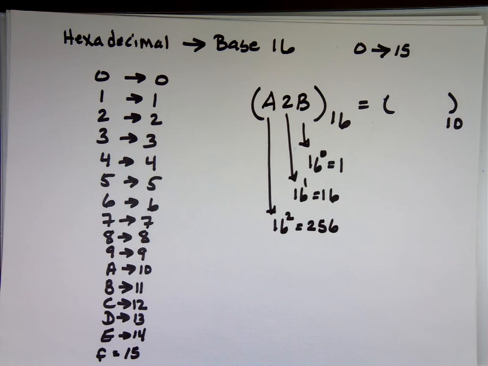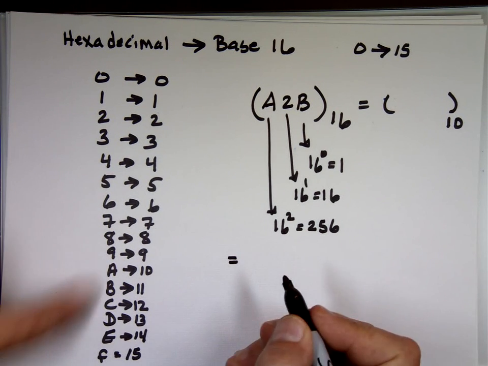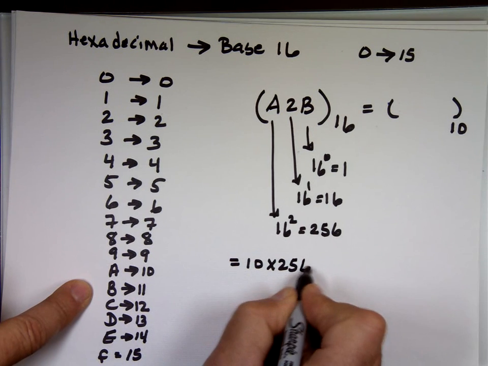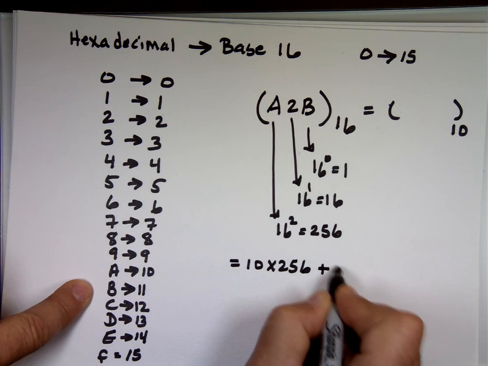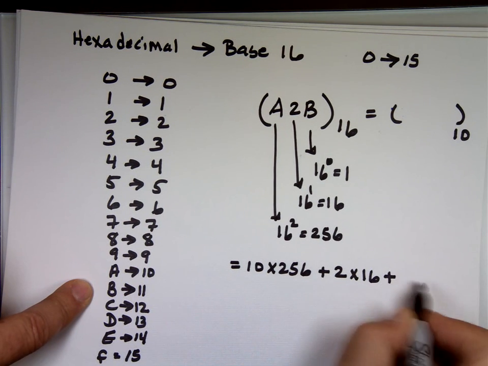So that number is equal to A is what? A is 10. 10 times 256, plus 2 times what? 16. Plus B, which is 11 times 1.